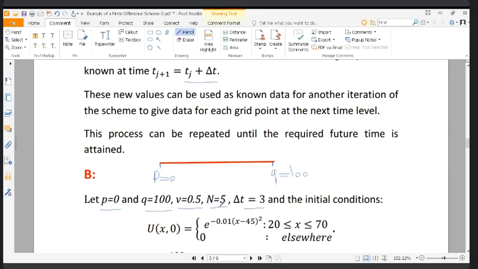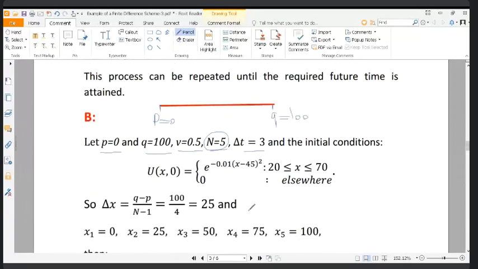We should consider N equal 5, so we have 5 points. When we have 5 points, delta X equals Q minus P over N minus 1. Q is 100, P is 0, and N is 5, so delta X equals 25.